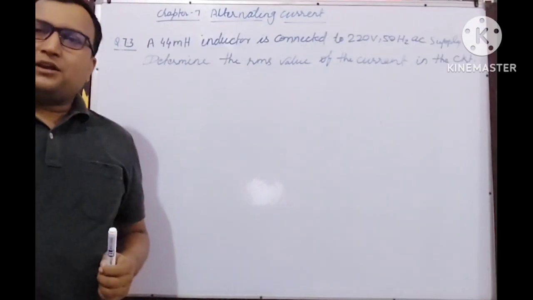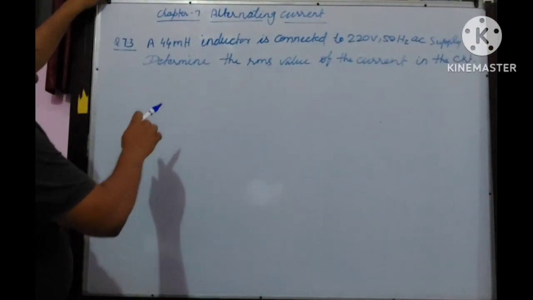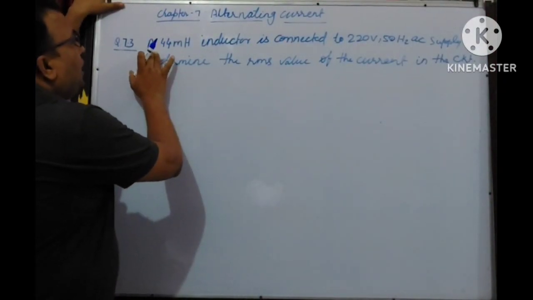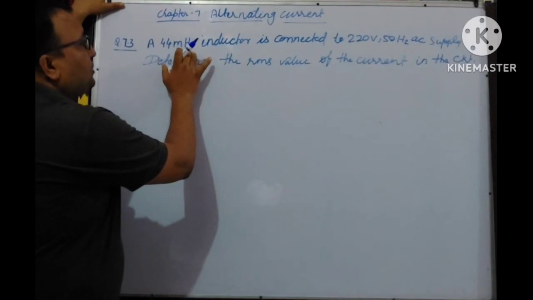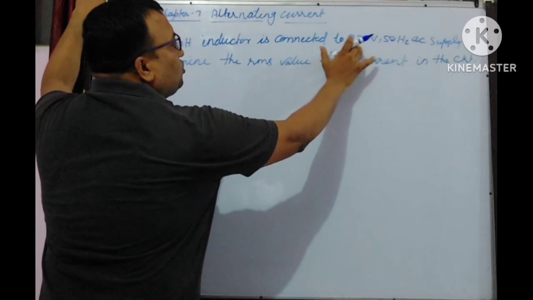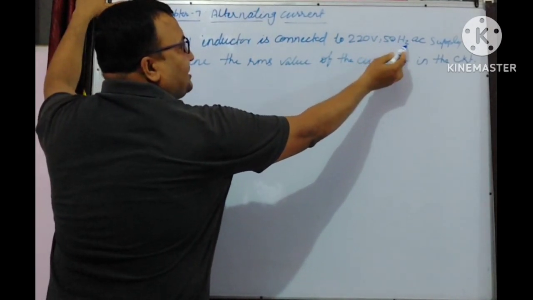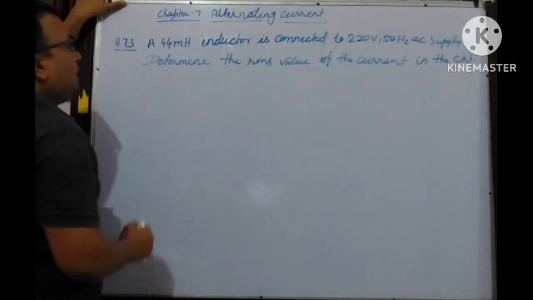Okay? Now we are going to the third question of this chapter. What is the third question? It is saying that a 44 mH inductor is connected to 220 volt, 50 Hz AC supply.